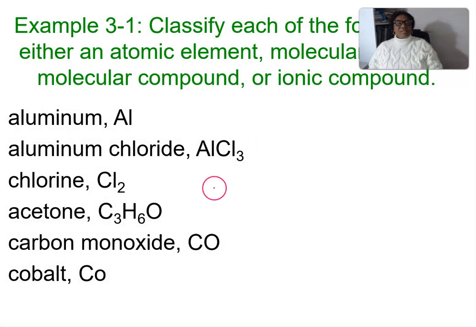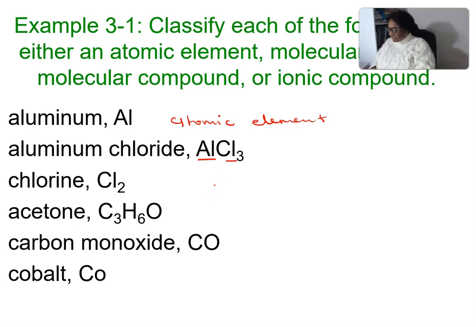So just try this, practice with this. Classify each of the following as either an atomic element, molecular element, molecular compound, or ionic compound. First of all, this is aluminum. It should be an atomic element. It's a single atom. So what is this? You see, this is a metal and a non-metal.